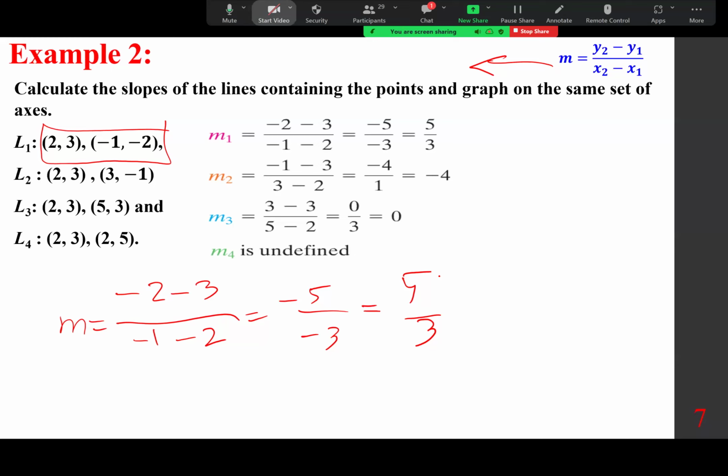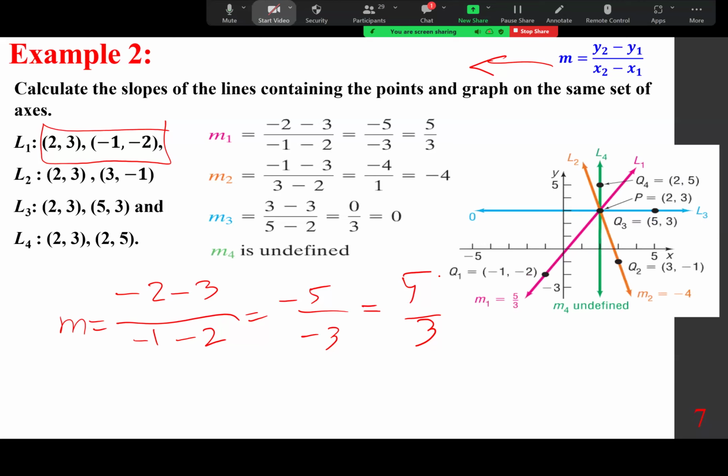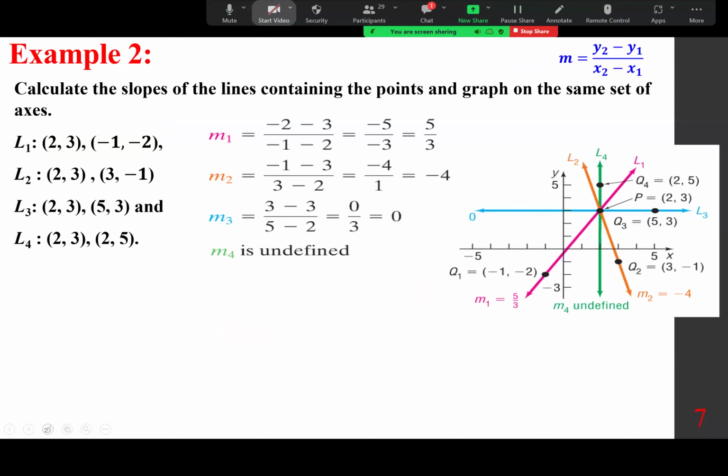Okay, so pretty straightforward, everybody. I'm going to assume we can graph easily by simply plotting those pairs.